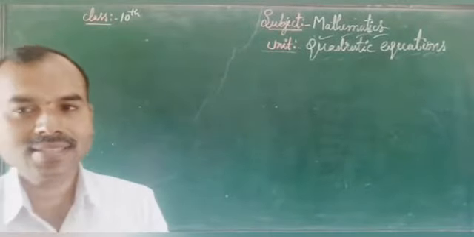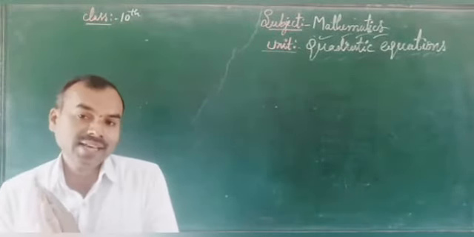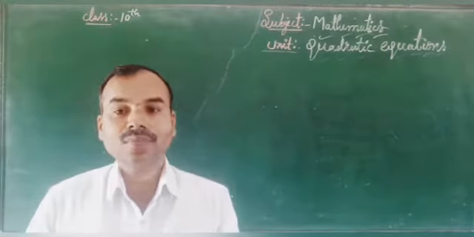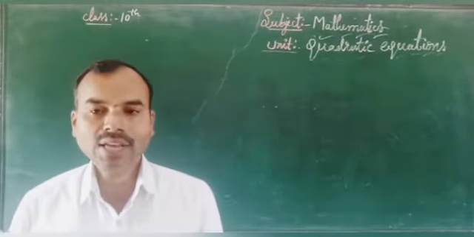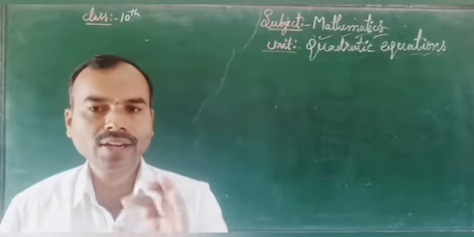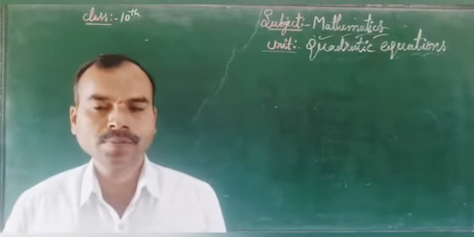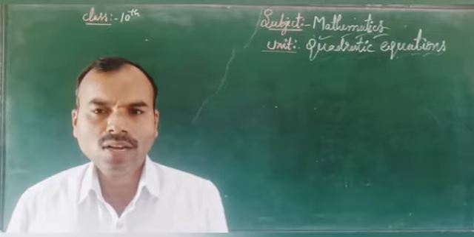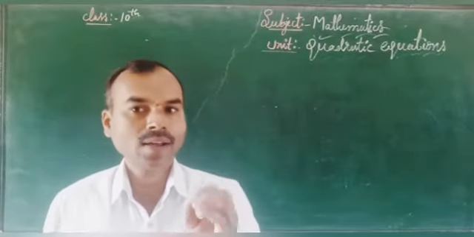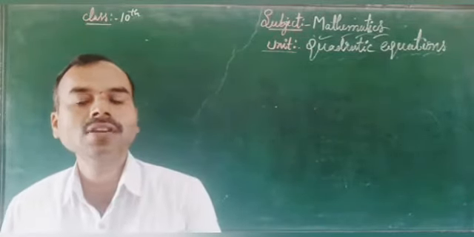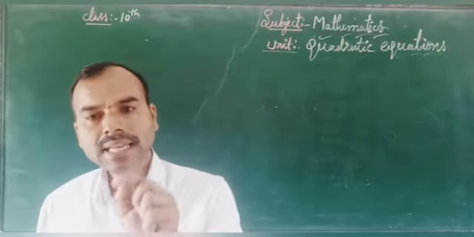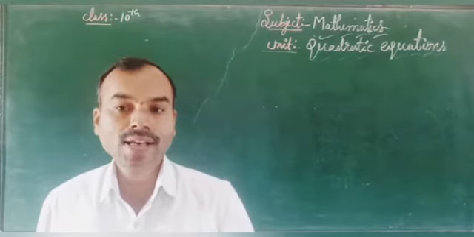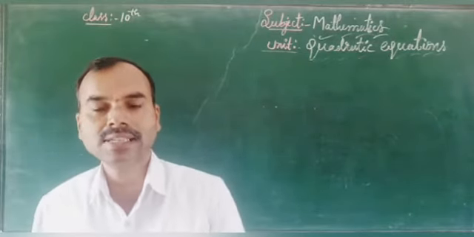Okay, dear students, now we take the second type, affected quadratic equation. What is an affected quadratic equation? It is a quadratic equation involving a variable in second degree as well as in first degree.